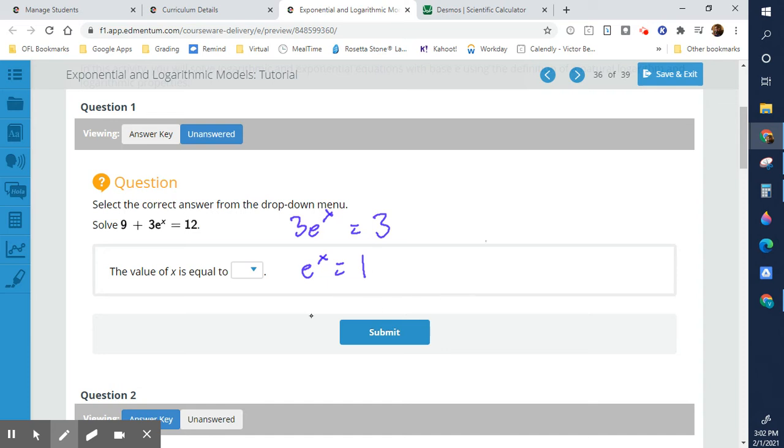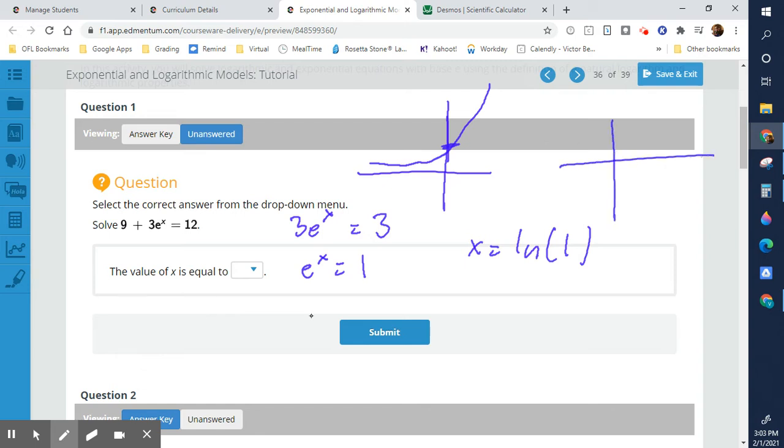So from here, we're going to ln both sides. So I get x equals ln of 1. Now, if you've ever seen a log function or an exponential function, an exponential at 0 is 1. So an exponential at 0 is always 1 unless there's something else causing it.